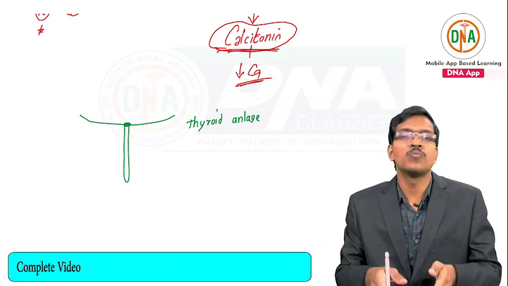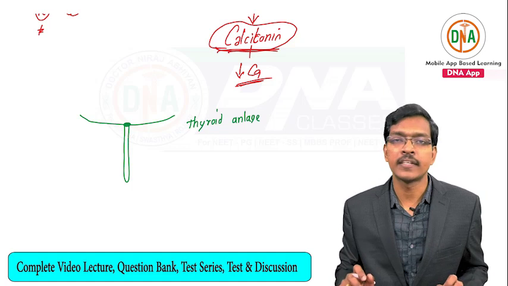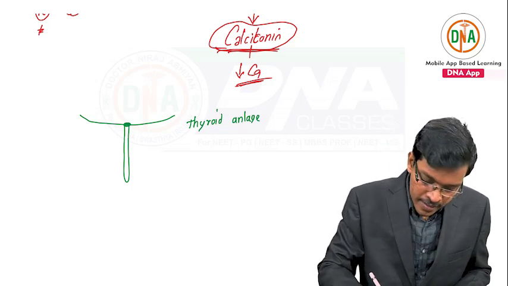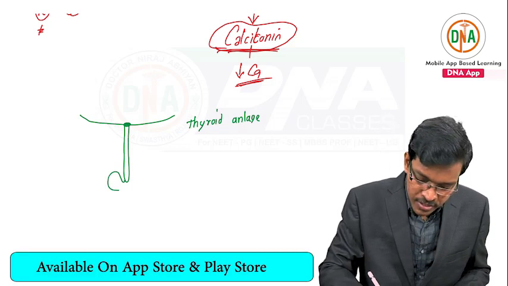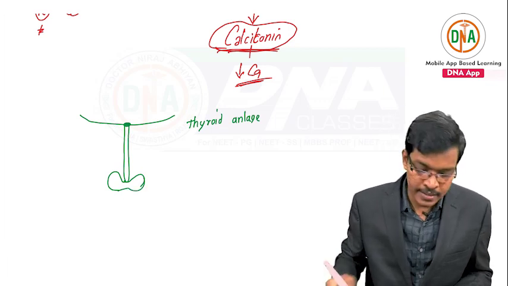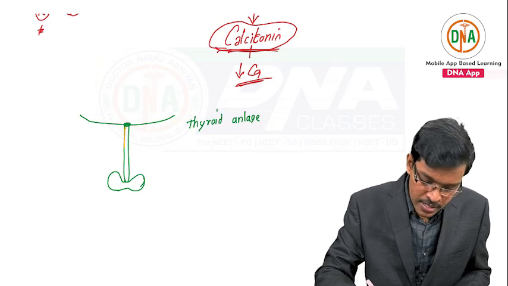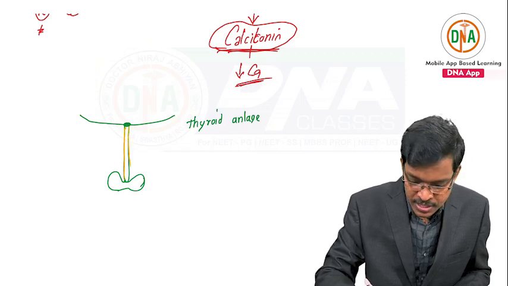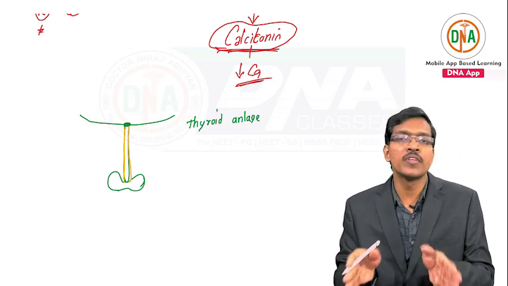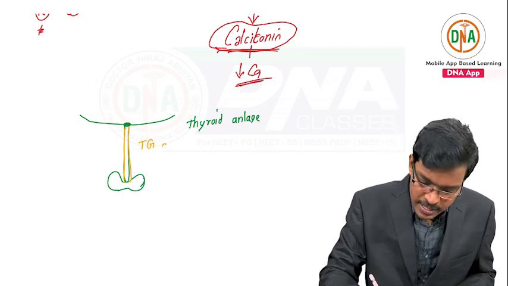This grows downwards, passes in front of the developing hyoid bone and the laryngeal cartilages. Then at the end of this, it bifurcates into a bilobed structure like this. And then this part, what is this part known as? That is the part which is connecting the floor of the pharynx with the developing thyroid. This is what is known as the thyroglossal duct.